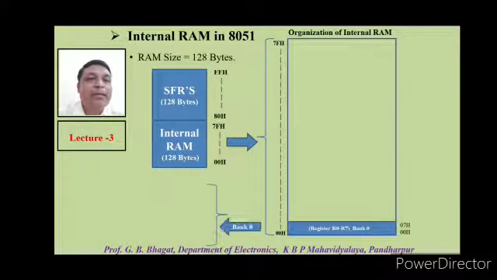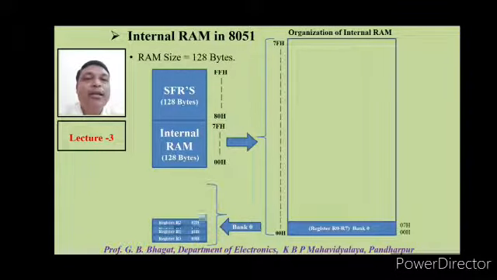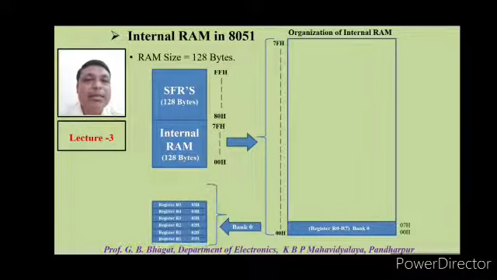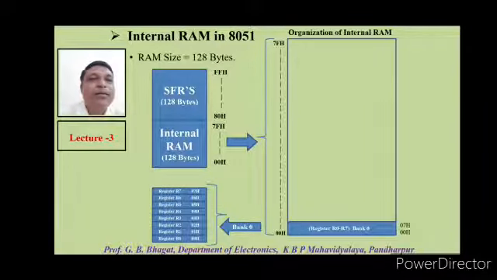This register bank is a group of 8 registers, from register R0 at address 00, register R1 at address 01, register R2 at address 02, like this up to register R7 at address 07.